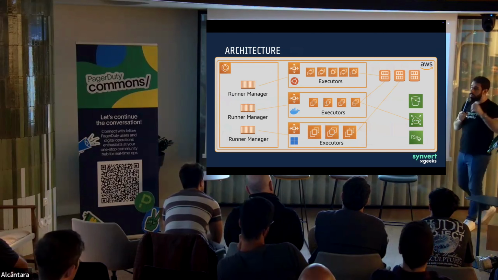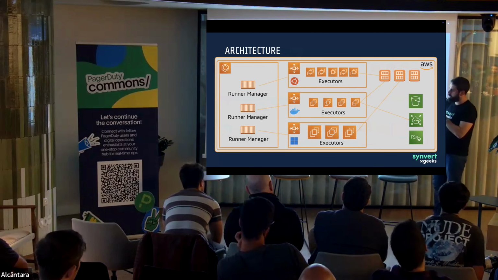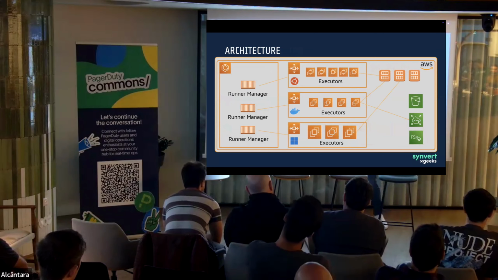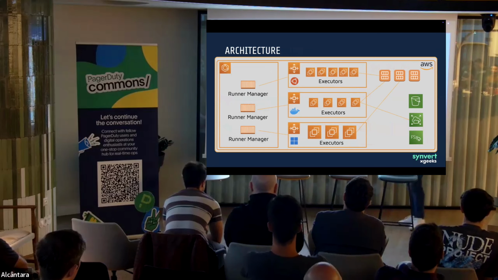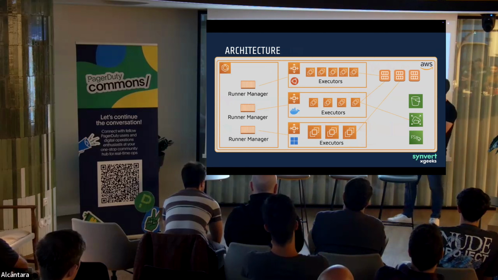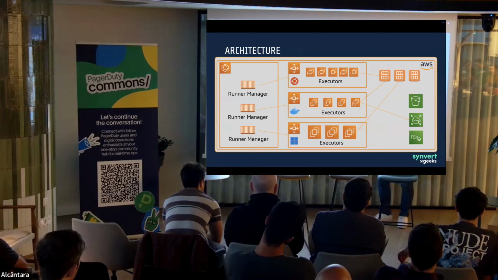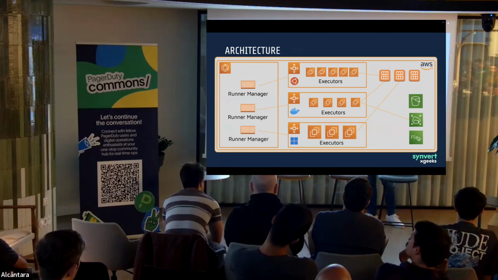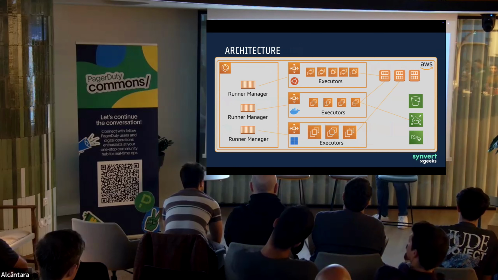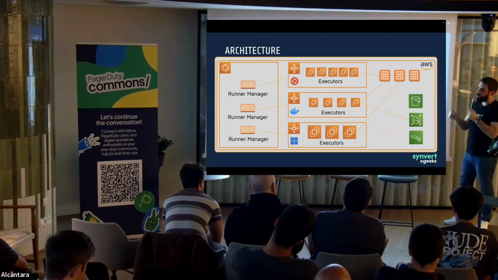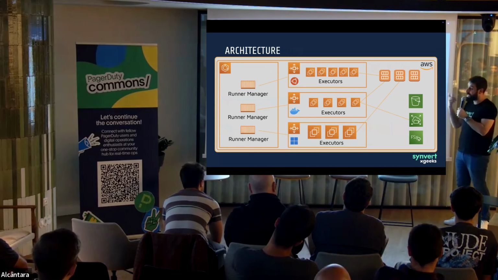On a more complicated architecture, this is what it could look like. So I have 3 random managers, each one of them managing a different autoscaler with different instances. These ones are smaller, yeah. With different operating systems. This one also is using a special executor called Docker autoscaler.